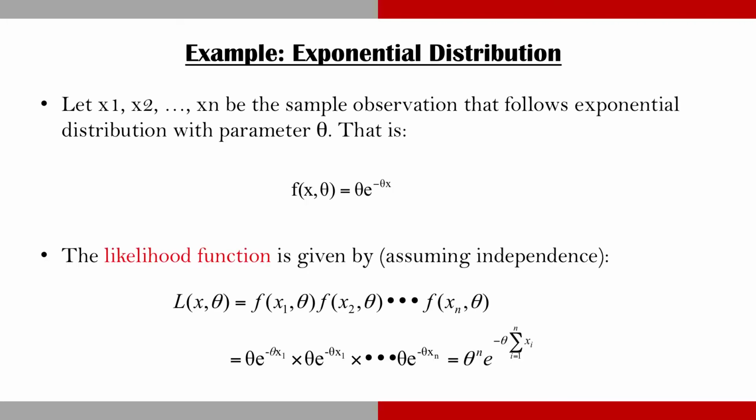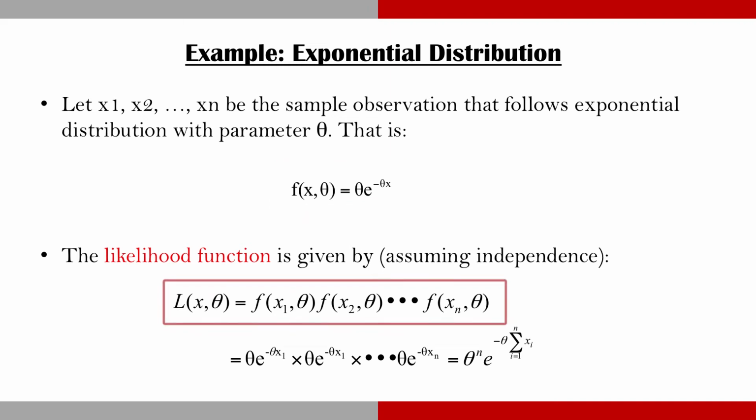Suppose somebody tells me that the data follows an exponential distribution, and I also have n observations, x1, x2 and so on up to xn. For exponential distribution, the probability density is given by theta times e to the power minus theta x. So, when I have n observations, the likelihood or the joint probability is f of x1 comma theta times f of x2 comma theta and so on up to f of xn comma theta.